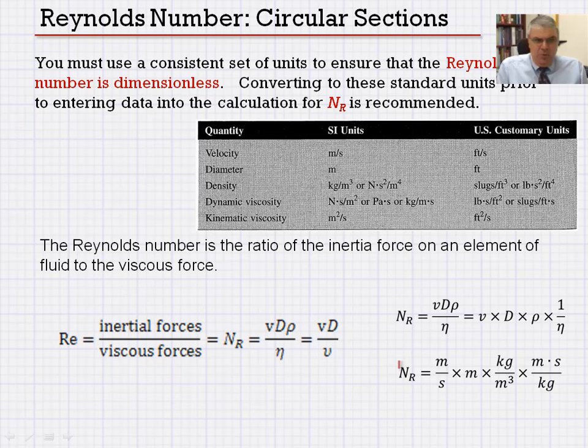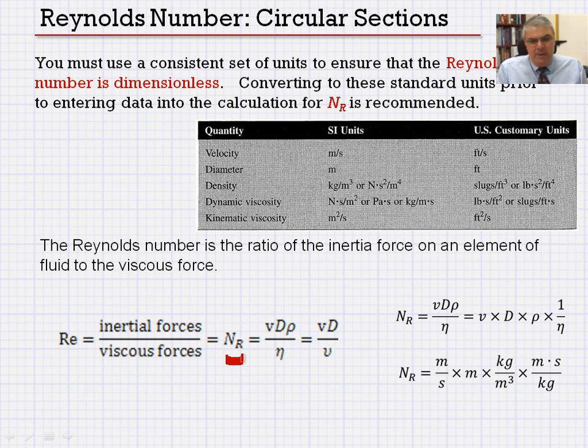So in order to reach that dimensionless number, Reynolds number, we want to make sure that the units are expressed in such a way that the end product is a dimensionless number. Reynolds number is really the ratio of the inertial forces of an element to the viscous forces. It's shown here, R sub E or N sub R in your textbook.